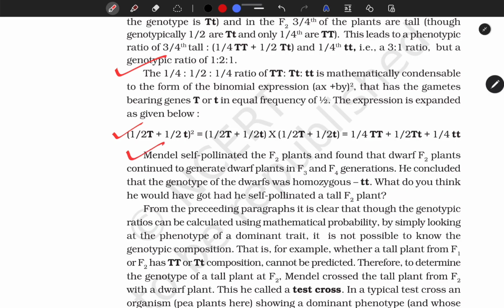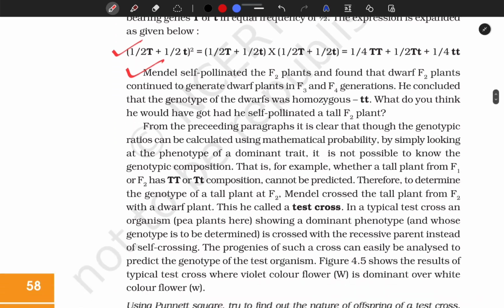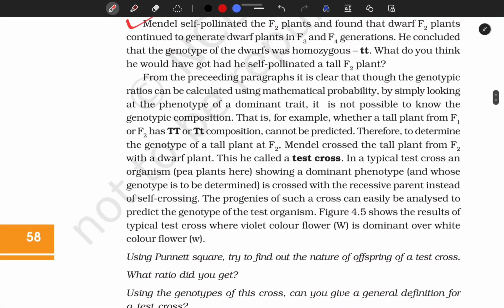Mendel self-pollinated the F2 plants and found that dwarf F2 plants continued to generate dwarf plants in F3 and F4 generations. He concluded that the genotype of the dwarf was homozygous, that is tt. What do you think he would have got had he self-pollinated a tall F2 plant?